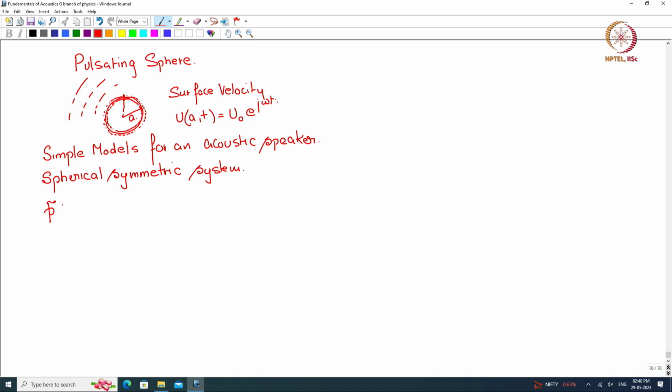So, we can take the solution to be of this form: a tilde e to the power minus j k r by 4 pi r plus b tilde e to the power of j k r by 4 pi r, and this is harmonic. So, it is e to the power j omega t.